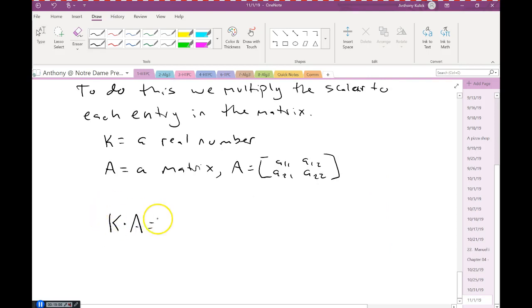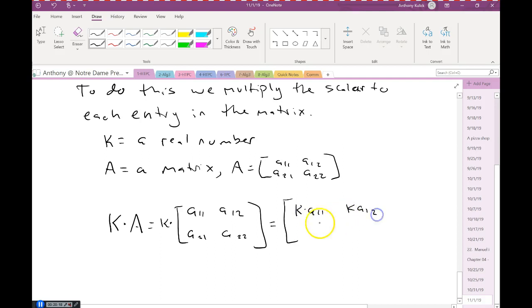So if I do k times A, that's the same thing as k times the matrix with entries A11, A12, A21, A22. And the definition says we just need to multiply that scalar to each entry. So I'll do k times A11, k times A12, k times A21, and k times A22.